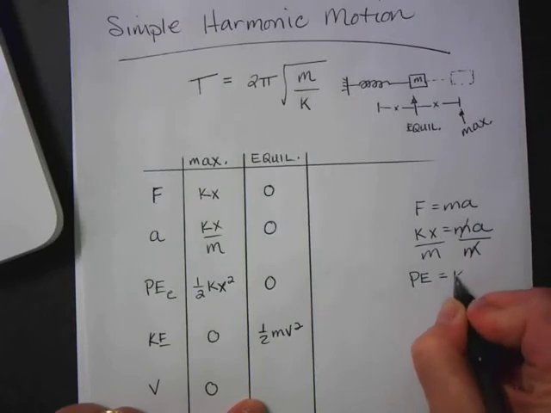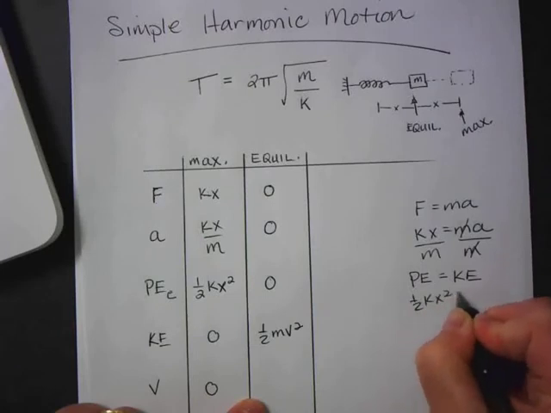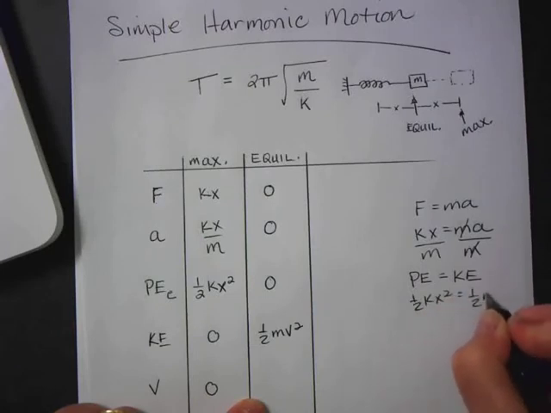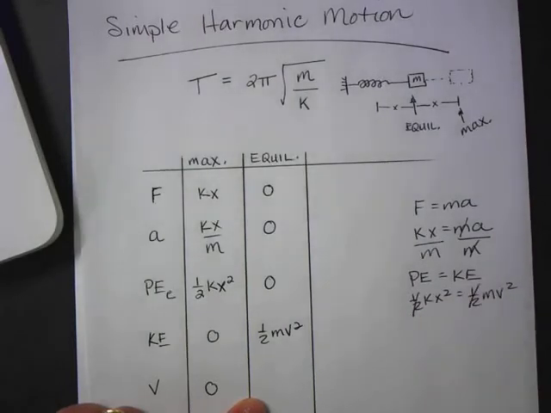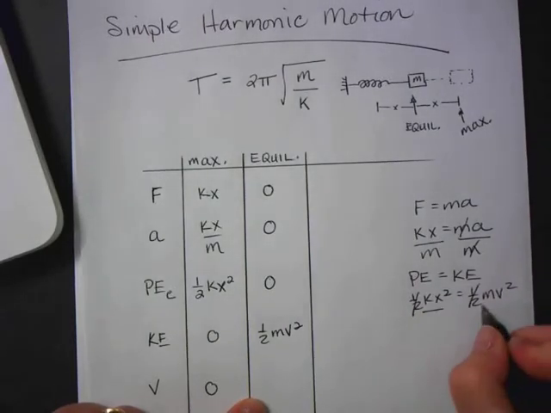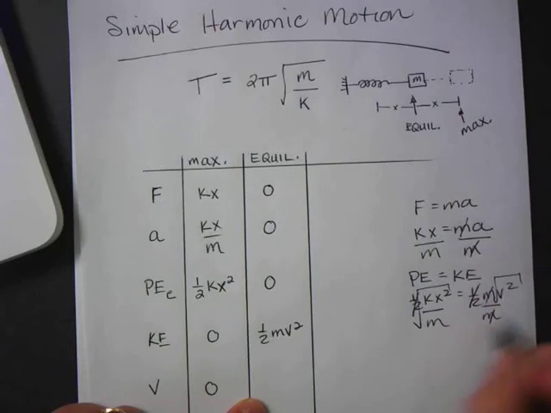So the potential energy at the maximum spot turns into kinetic energy. I'm going to fill in the equations. 1/2 kx squared turns into 1/2 mv squared. The 1/2s go bye-bye. We're going to solve for velocity. So we'll divide by mass and then square root everything.